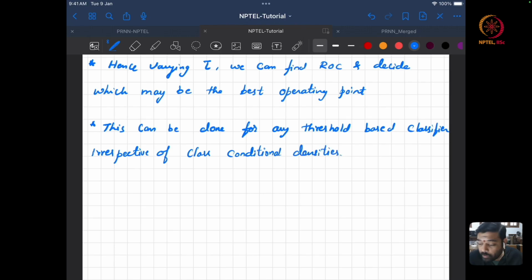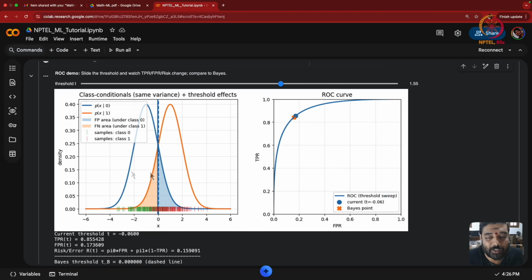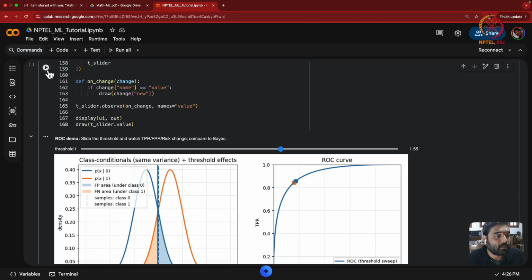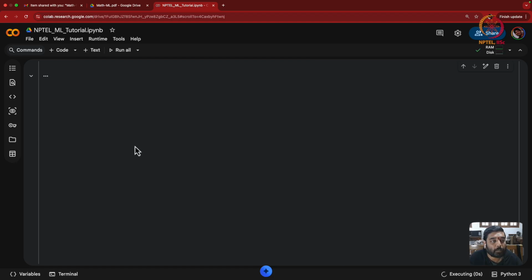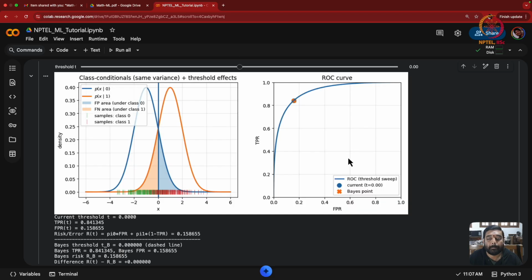Now that's what we shall be looking at in our demo, which I was showing. Let me run this. So this is for the previous run. Let's first try to understand this. The blue one is class 0 and this orange is class 1.